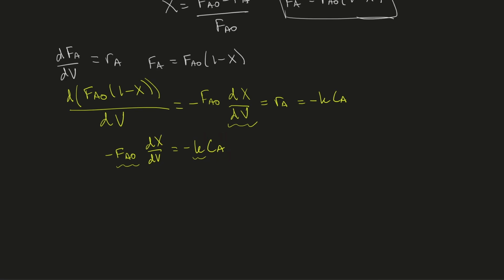So in order to solve this problem, we need to write CA in terms of X. We can do that with a similar approach that we used right here. If we take this equation and divide by the volumetric flow rate of the reactor, we can write a similar expression here. CA is equal to CA0 times 1 minus X, and we can plug that in to this term right here. So this is equal to negative K CA0 times 1 minus X.